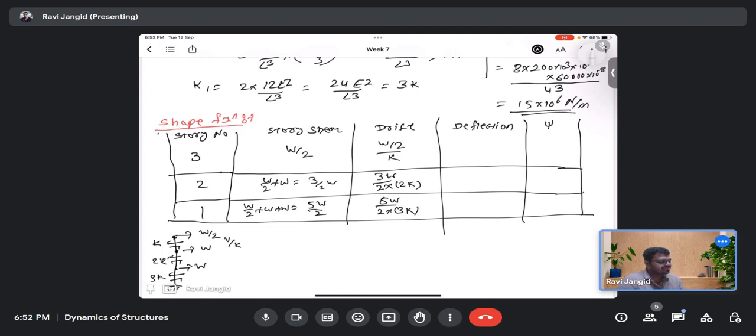Is it okay? It is 5W by 2 divided by 3K. So it is the drift.